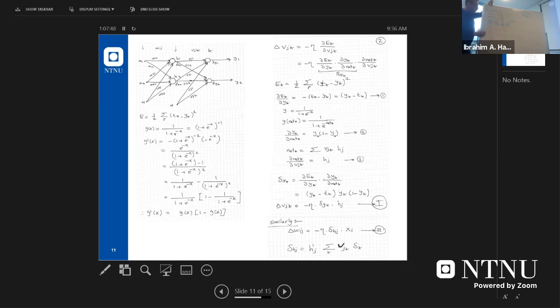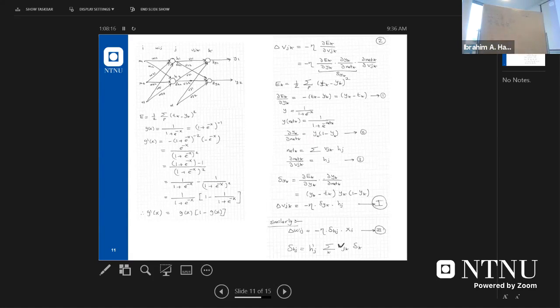So anyway, I can just write this one as minus. Of course, we have minus multiplied by minus eta. Do you remember? We have minus eta. So minus minus will be plus. So it will be eta times (t minus y) multiplied by y times (1 minus y) multiplied by the input. What is the input for this one?